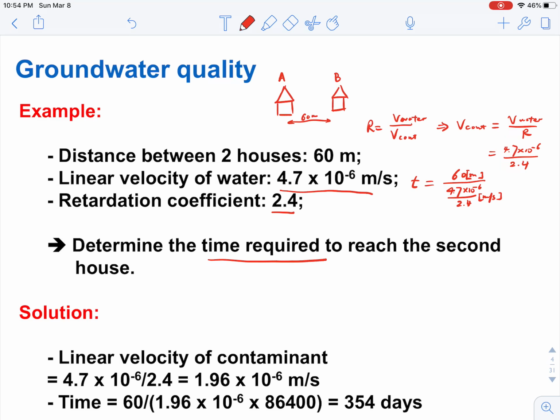All right, and you can find out that the time is around 354 days. So you can see that the contaminants can really move with a very slow speed from one location to the other, right? 60 meters is not a very long distance.